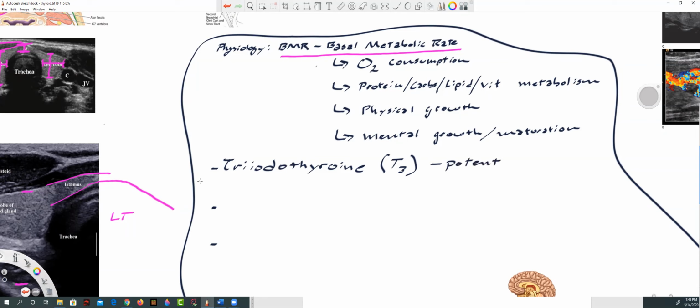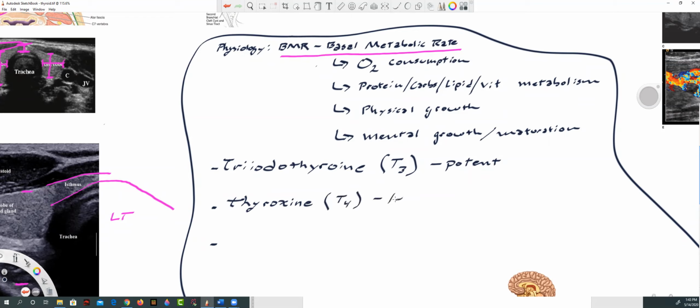We have two classic iodine-containing thyroid hormones. By the way, we have to have iodine in our diet for our thyroid. Of the two, the T3 is the more potent, and it's also in much lower amounts normally. And then we have thyroxine, and that is T4.